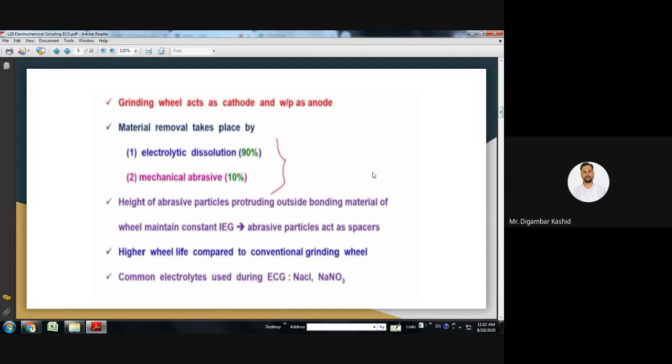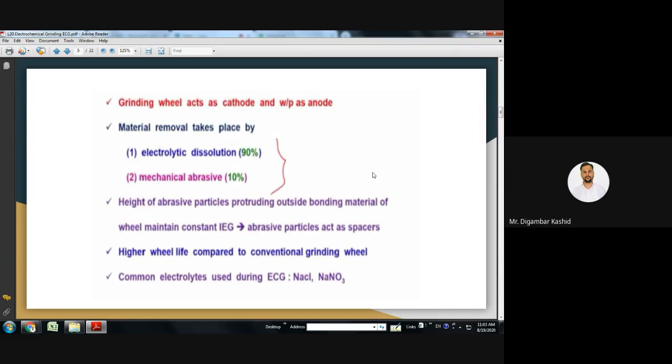The heights of the abrasive particles protruding outside the bonding material of your wheel will maintain the constant gap, that is the IEG, inter-electrode gap. Your abrasive particles act as a spacer, and here you will get a higher wheel life as compared to a conventional grinding wheel.